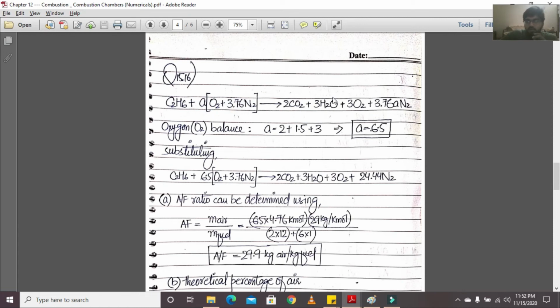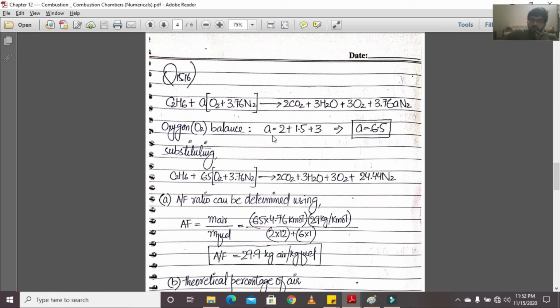So balancing the oxygen molecules here, again we have simply A on the left side and 2 plus, again you can write it as 3 upon 2 or simply as 1.5, because we are balancing the oxygen molecules. So we have 3 atoms here, so you can write it as 1.5. But if you are balancing the atoms, in the left side it will become 2A plus 4 plus 3 plus 6.